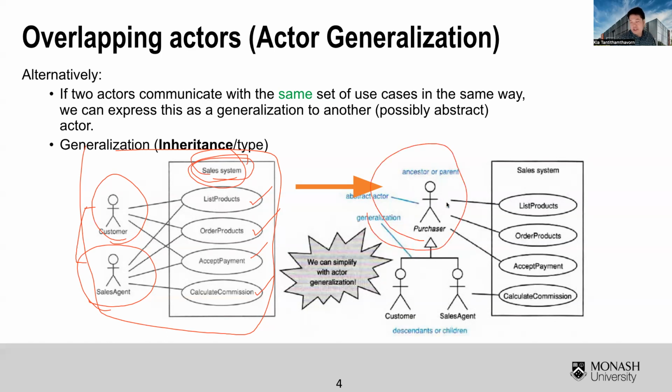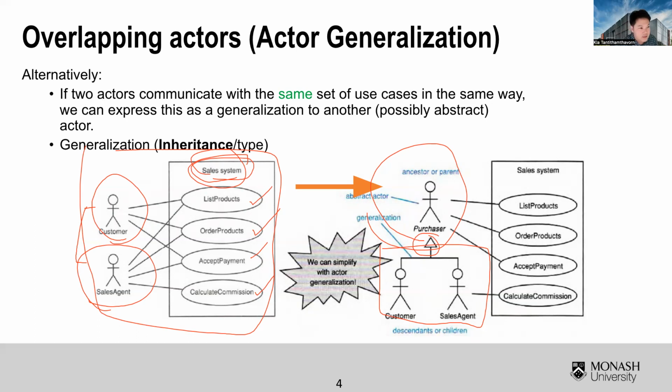Purchaser is a bigger role, the generalization of the two roles here, using this symbol. Purchaser can list the product, order the product, accept the payment, calculate the commission. And as a purchaser, they can have two sub roles here, customer and the sales agent.